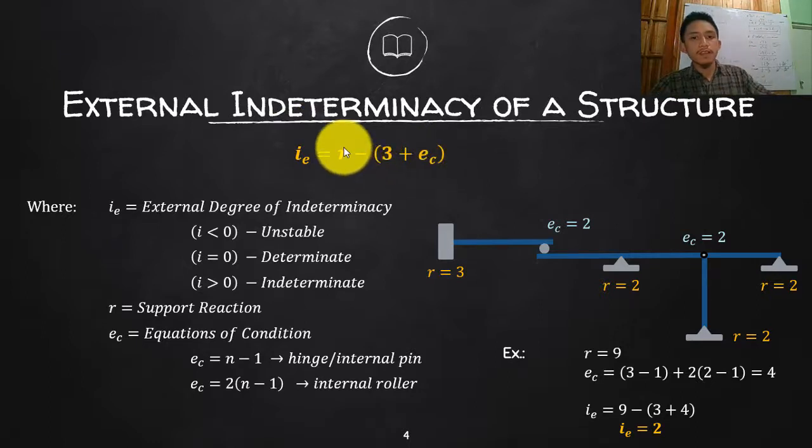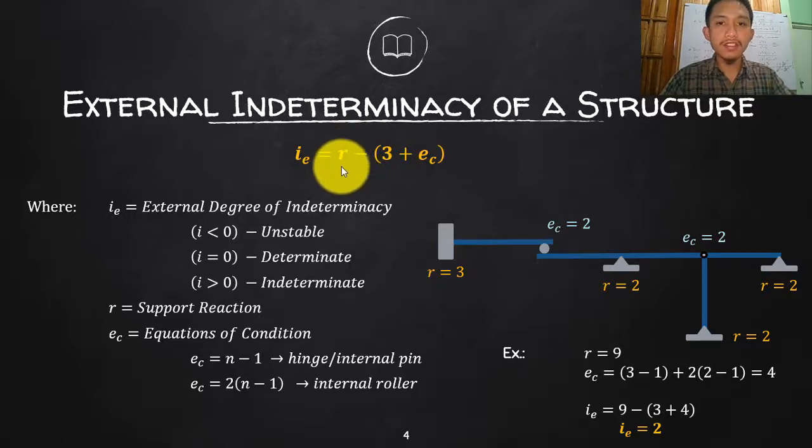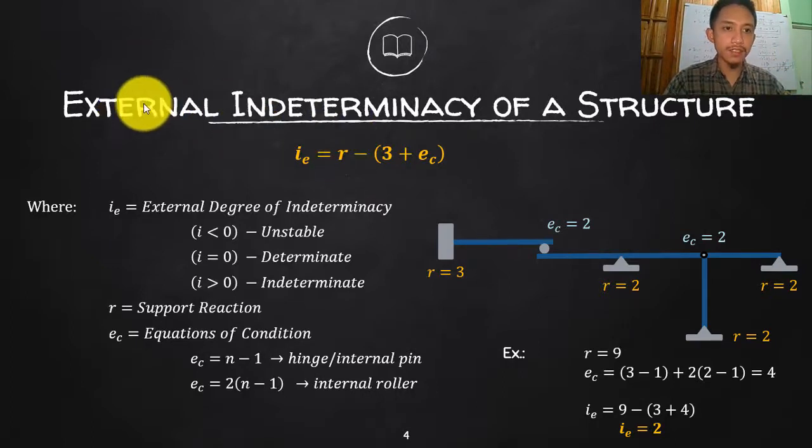So the excess in your reactions, if you say reactions, could come from the supports or it could be the internal reactions. That is your internal indeterminacy. Let's first focus on the external, where we are talking about your supports. The reaction of your supports is R. Subtract the number of equations we have.